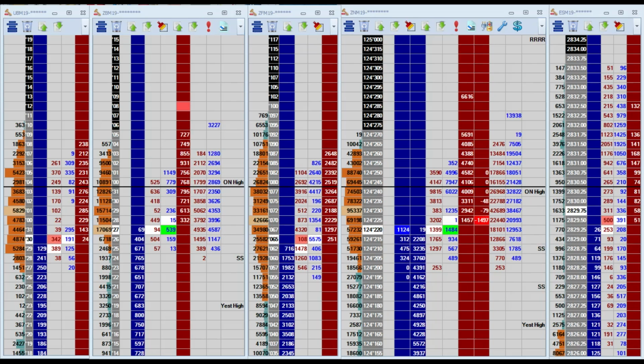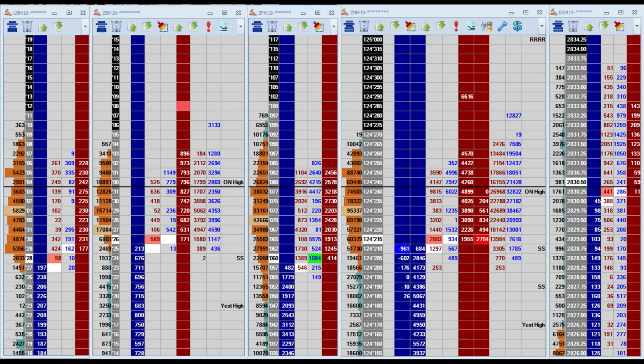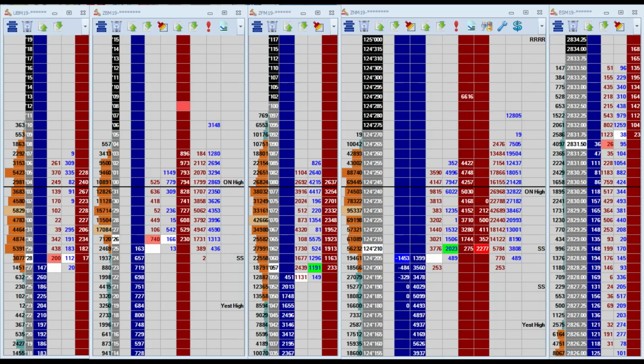What a goddamn mess. How are you supposed to trade this? Unbelievable. U.S. Treasury Secretary Mnuchin says still a lot of work to do on China trade negotiations.